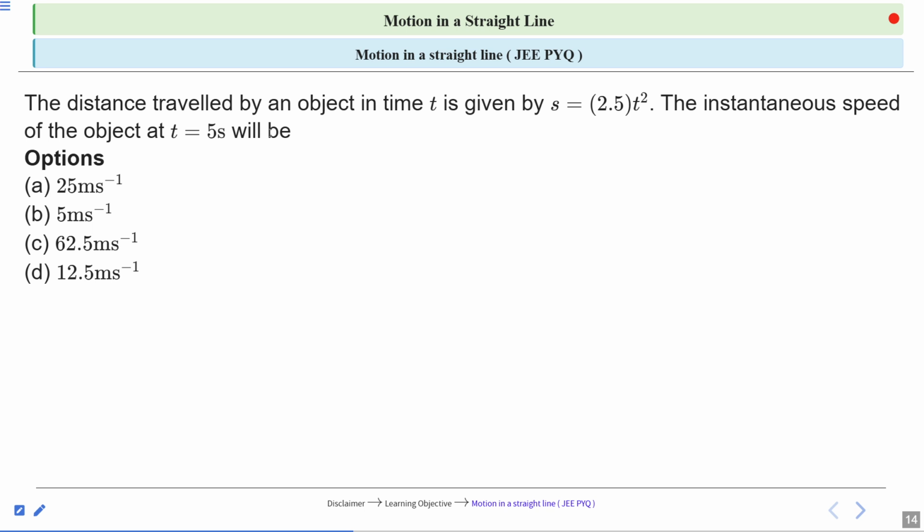So in this question, you have to find out the instantaneous speed of the object. Given options: option A is 25 meter per second, option B 5 meter per second, option C 62.5 meter per second and option D 12.5 meter per second. Which one is correct? Please solve.